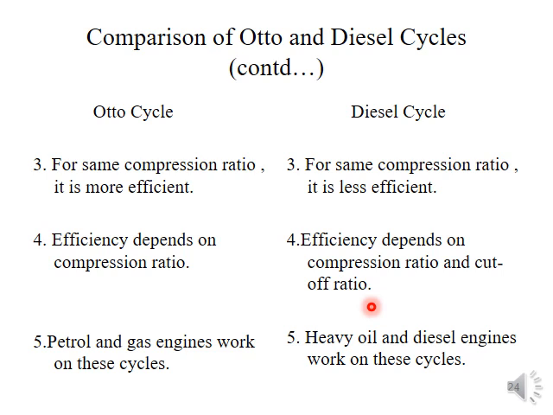Then automatically the efficiency of a diesel cycle is greater than the efficiency of an Otto cycle. So when we consider the condition of the same maximum pressure, temperature and heat rejection, the efficiency of the diesel cycle is more than that of the Otto cycle. And one more point: at the same maximum pressure and heat input, the efficiency of the diesel cycle is also more than that of the Otto cycle.